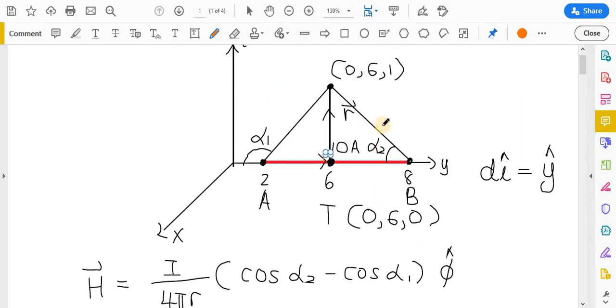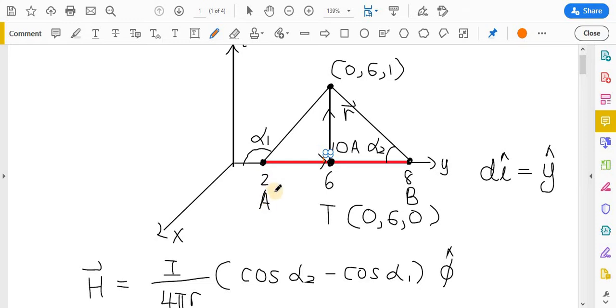Before you find them, you need to connect the ends. There are two ends here. You need to connect each end with the observation point. According to the coordinates, this one is 2 and this is 8.